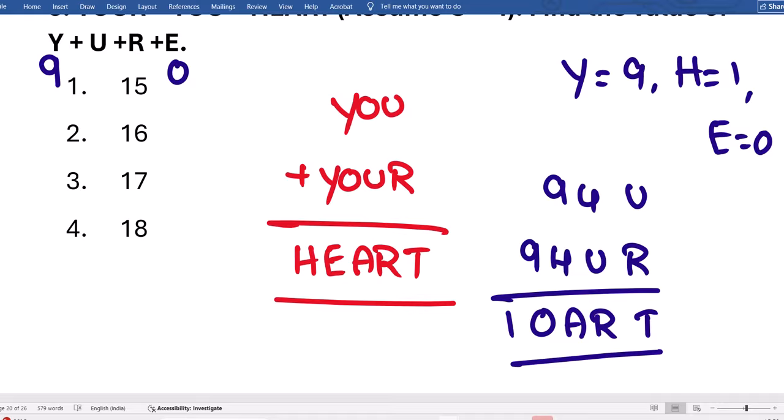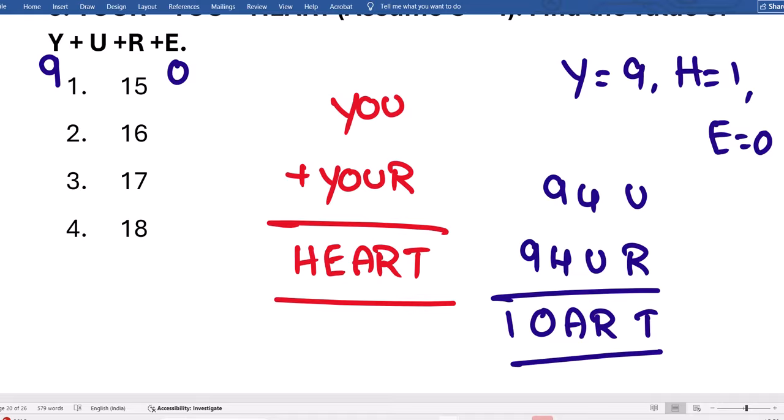U and R you required. As per the options, I can easily guess that U plus R should be less than or equal to 9 maximum.